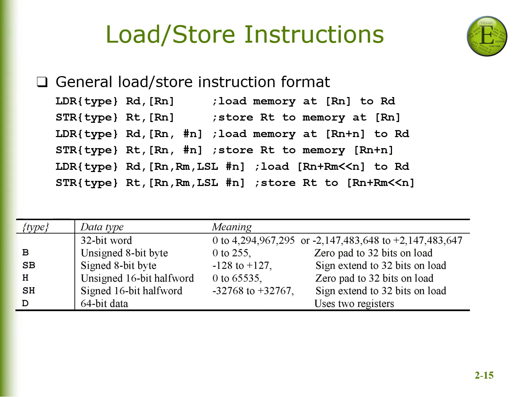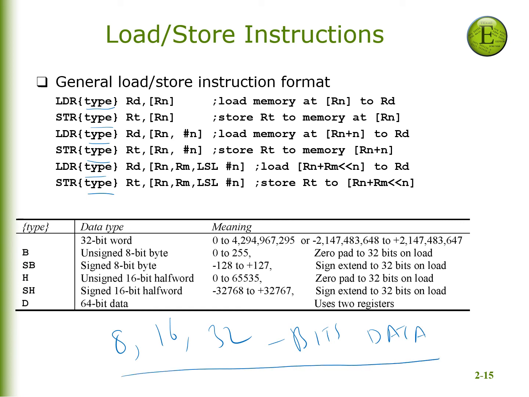There is a lot of flexibility provided by the load and the store instruction format. The first thing to note is that there's a type suffix that allows us to give more meaning to the load and the store instruction, because we might be accessing not just 32-bit, we might be accessing data in 8-bit, 16-bit, or 32-bit.